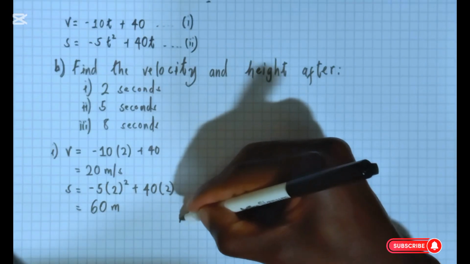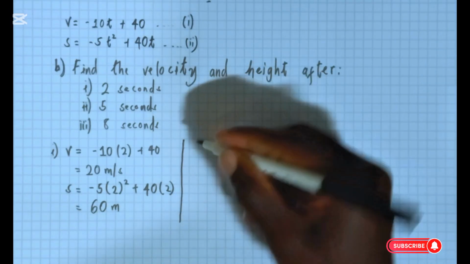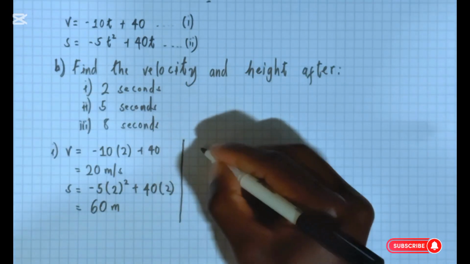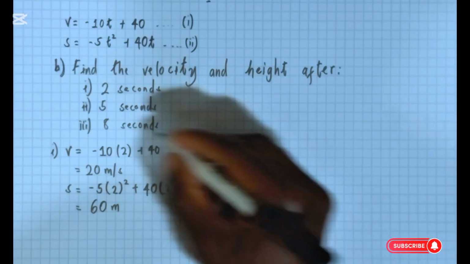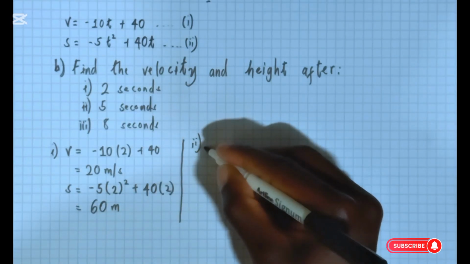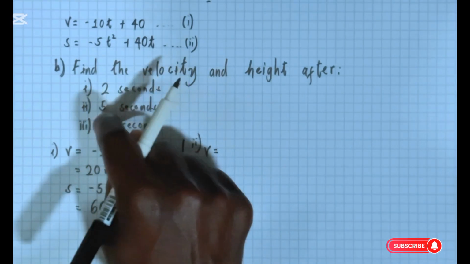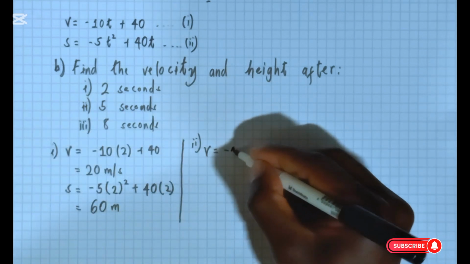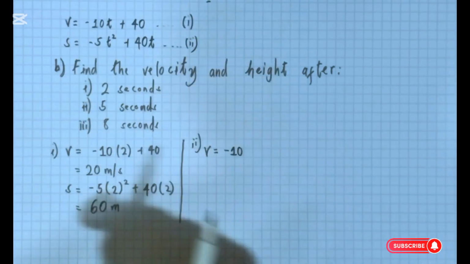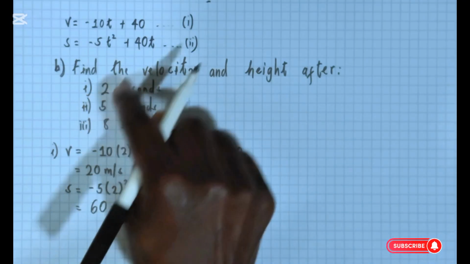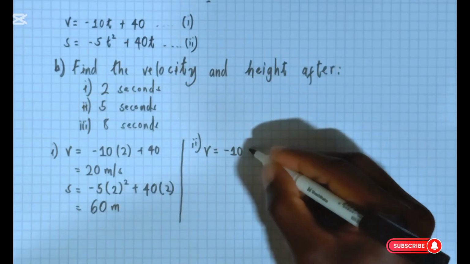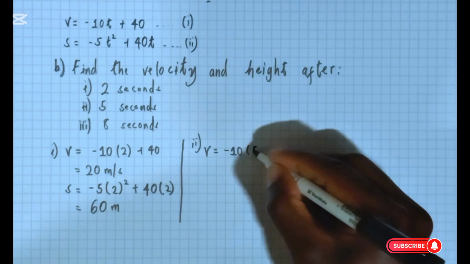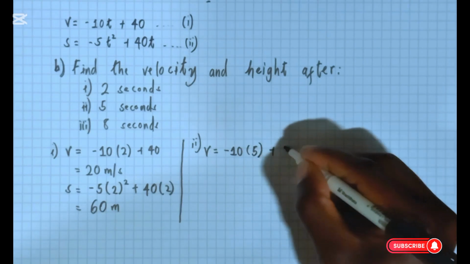Interesting. So why don't we go ahead and solve for Roman 2? At the fifth second, our velocity will be equal to -10t + 40. We are substituting into equation 1, and in place of t we are putting 5. So it will be -10 into 5 plus 40.